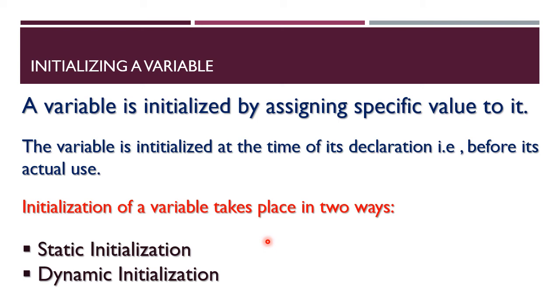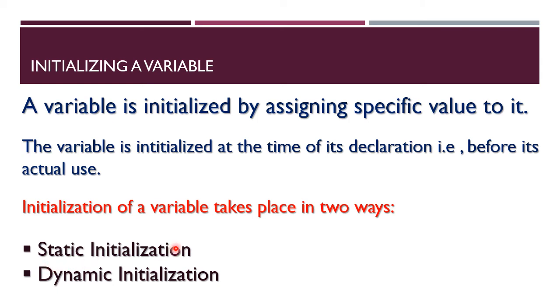That memory location sometimes may contain some garbage values. When you perform some operations, you might get invalid results. So it is better to initialize the variable before using it in your program. That initialization can be done in two ways: static initialization and dynamic initialization.